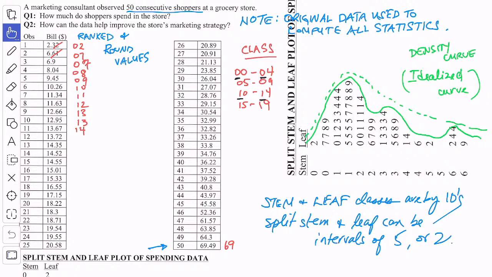In fact, there isn't. As long as you are consistent, that's the right answer. Okay, you're consistent and make an argument based on the drawing that you select, because we don't know the population, in fact, right? Okay, so that is my stem and leaf.